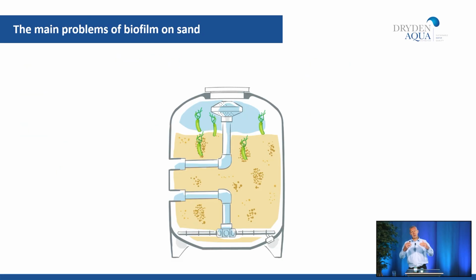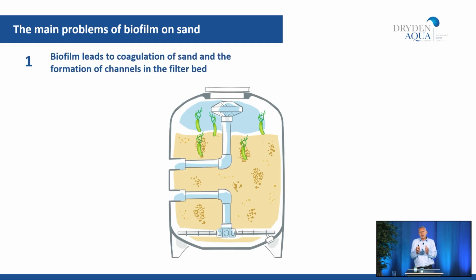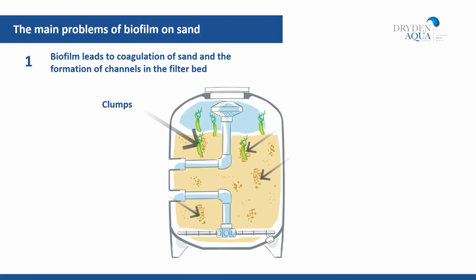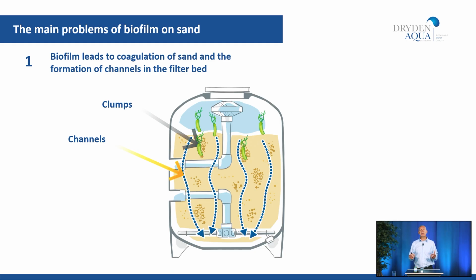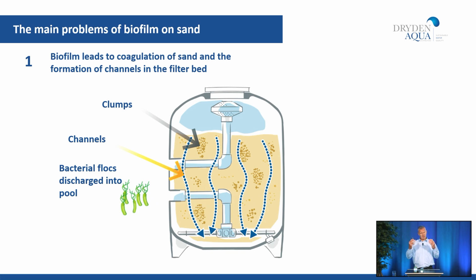Water's under pressure to pass through the media, and it starts to push these mud balls to the side, this biocoagulation, if you like, and the performance of that media starts to deteriorate. And we get channeling occurring. So particulate matter that we're trying to collect simply passes through, and occasionally we get a rupture of the biofilm bacteria flock back into the pool, and it destroys our oxidizer, our chlorine in the water.